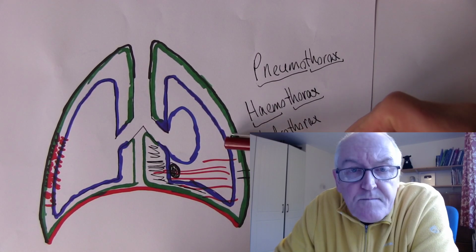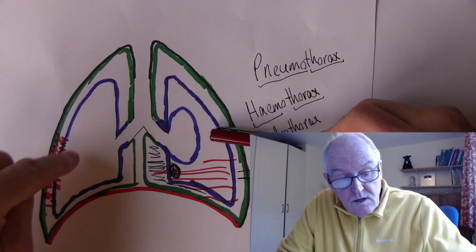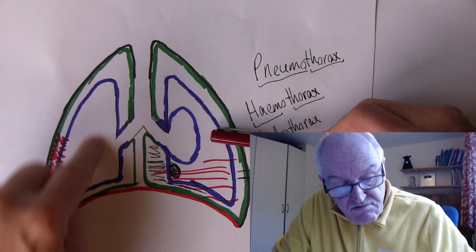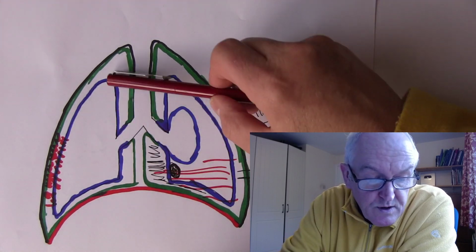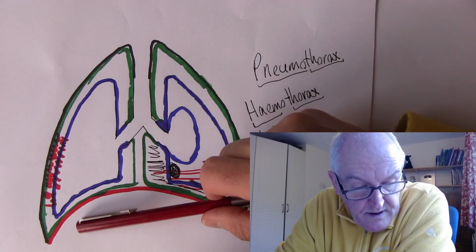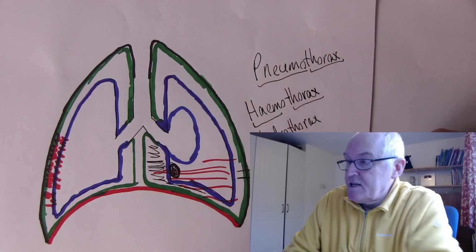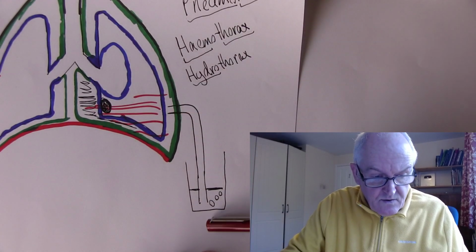But if you get a pneumothorax in this lung, then this lung will remain inflated. And that gives you a lung to breathe with till you get to hospital. I mean, one lung is more than capable of maintaining oxygen saturations for quite some period of time, certainly until you can get medical help to get a collapsed lung re-inflated.